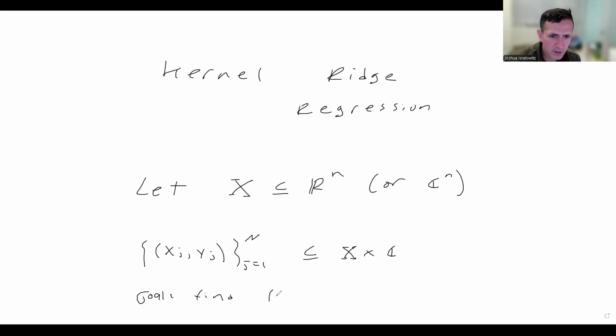So find a function X to C, where f(x_j) is approximately y_j.